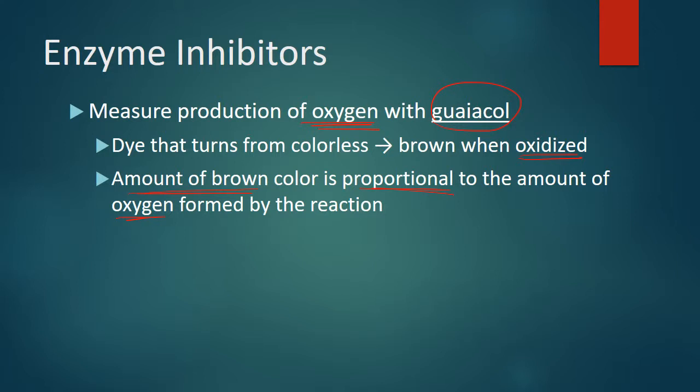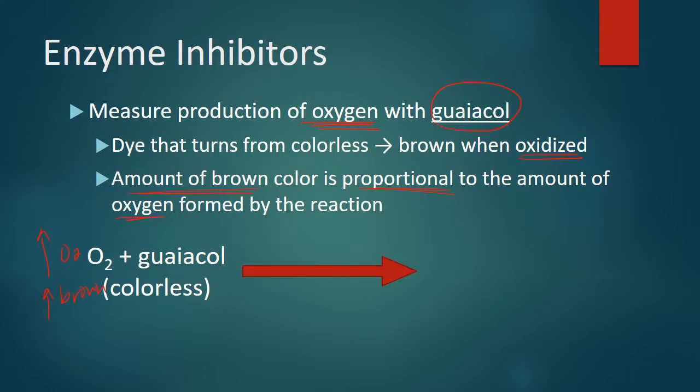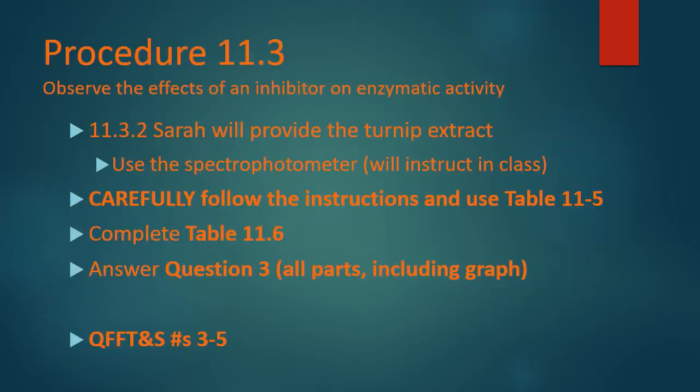If you have lots of oxygen, you will have lots of brown color, and vice versa. If you have no oxygen, you will have no brown color. So here is the reaction: O2 plus guaiacol, which is colorless, combine to form oxidized guaiacol, and we will have a brown color.